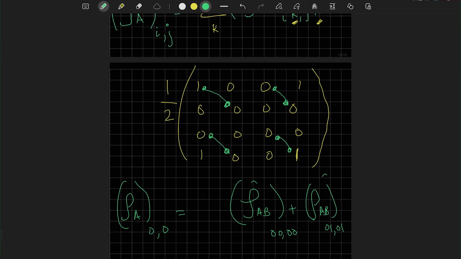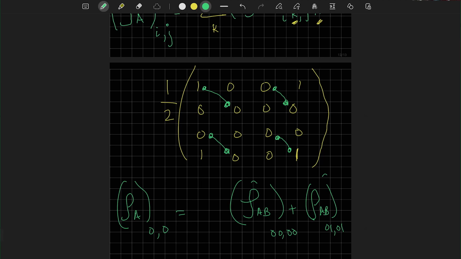So you just add these terms. This 0 is this 0, and this 0 is this 0. First you take both zeros here, and then you take both ones here. This is how you implement this formula to find the reduced density operator.